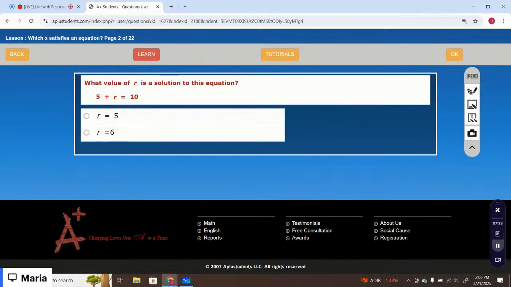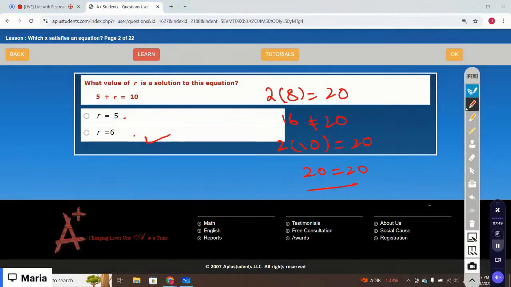What value of r is a solution to this equation? 5 plus r equals 10. Now you're given two options.